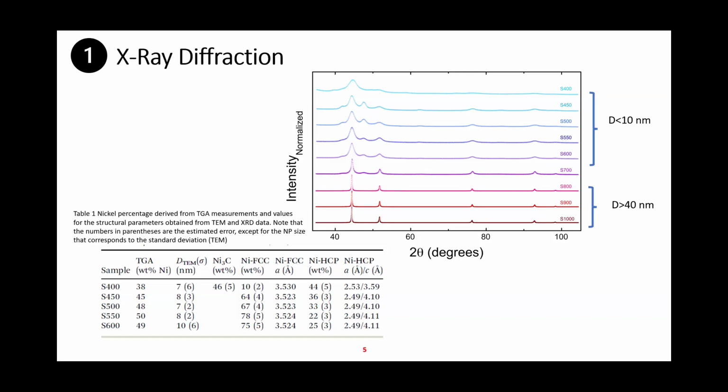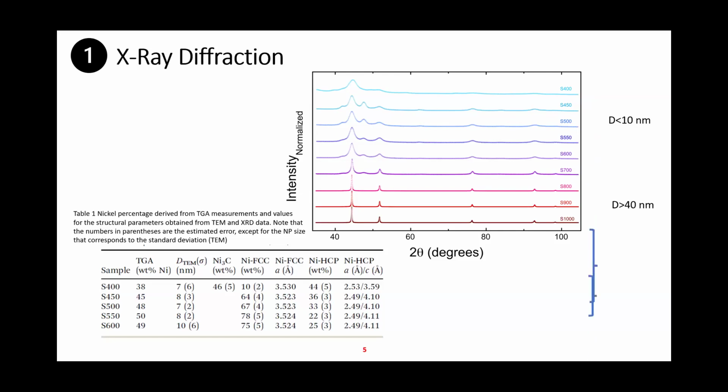In the middle, there are samples in between, more than 10 and lower than 20 nanometers. Regarding the percentage of the phases present at different carbonization temperatures, I found that nickel HCP decreases with respect to the percentage of nickel FCC.